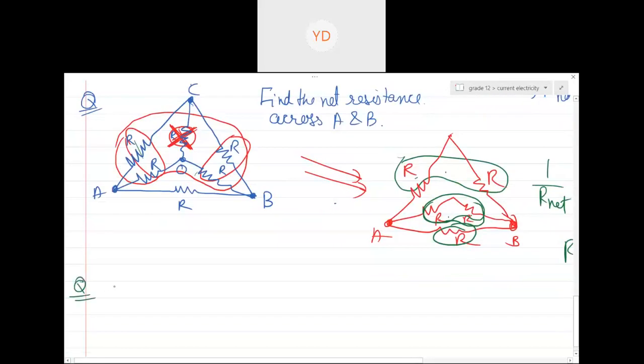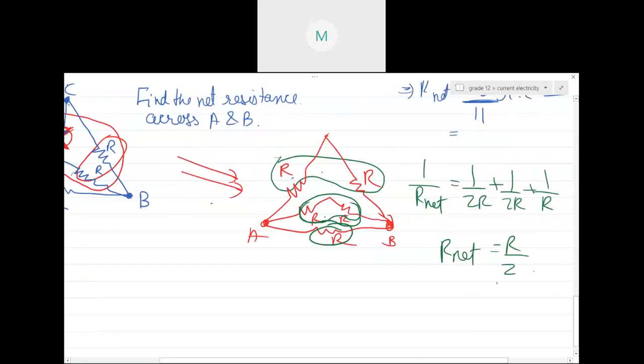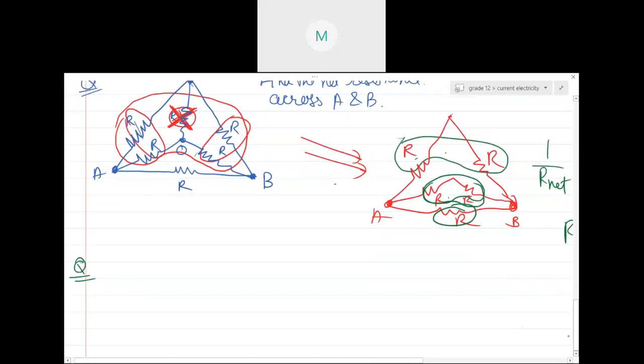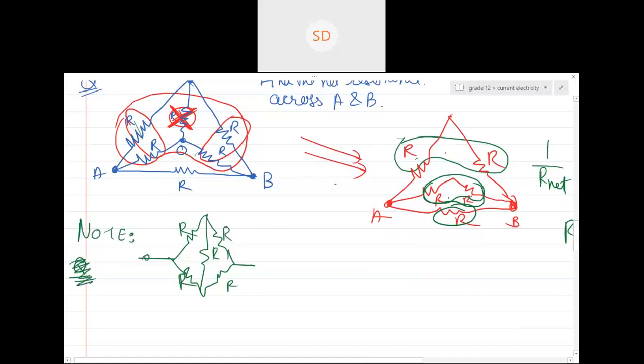Nice. So is this clear, guys? Any doubt? So what's the answer for this question? R by 2. Always remember when all of the resistances are equal, suppose this is the Wheatstone bridge and all of the resistances are R. So even the answer is R. So R input is also equal to R1.